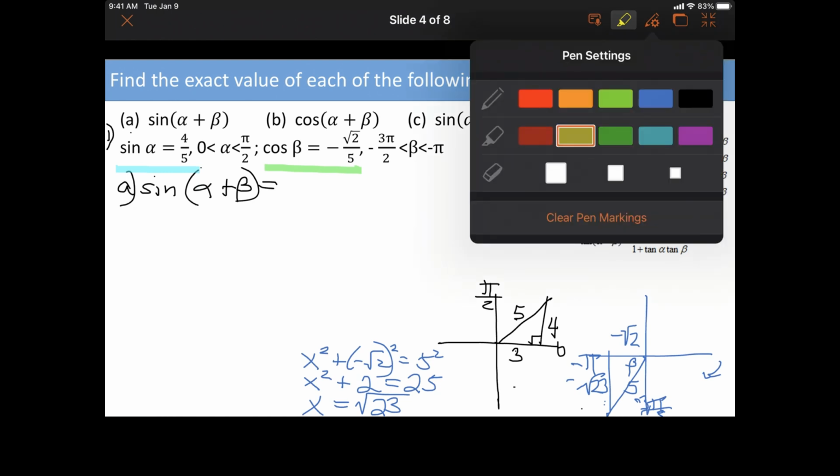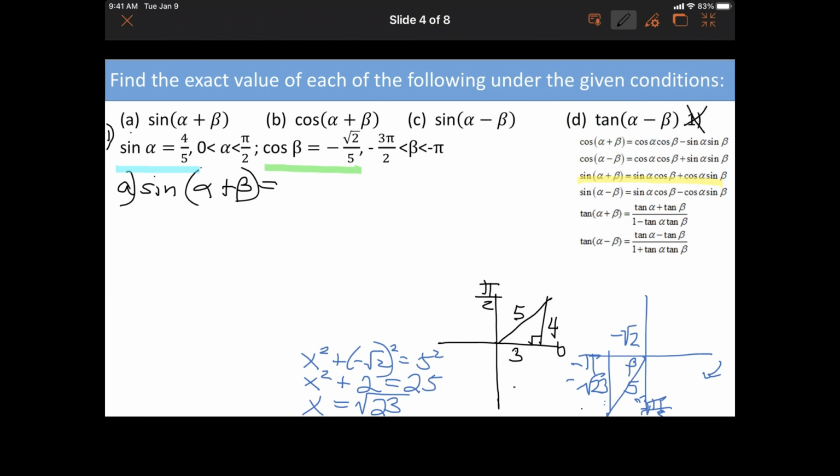Okay. So sine of alpha is 4/5 times the cosine of beta, which is negative root 2 over 5, plus the cosine of alpha.